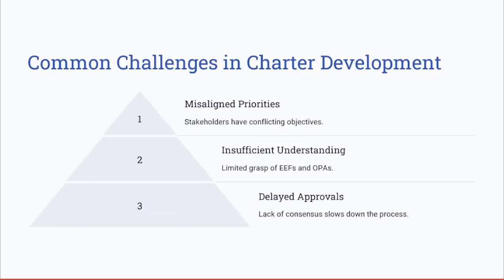Some of the common challenges that we haven't discussed before often arise from misaligned priorities, a limited understanding of inputs like EEFs, and sometimes delays in approval by the stakeholders. Recognizing these challenges helps teams proactively address them during the development process.